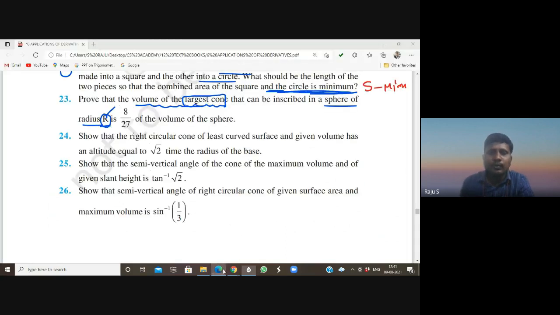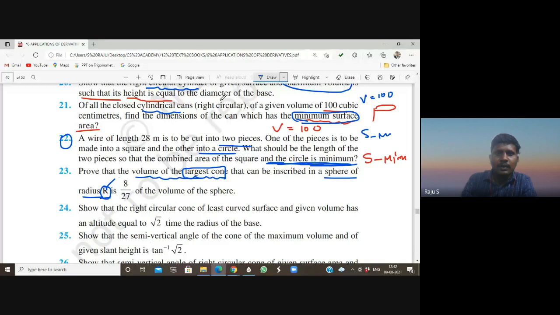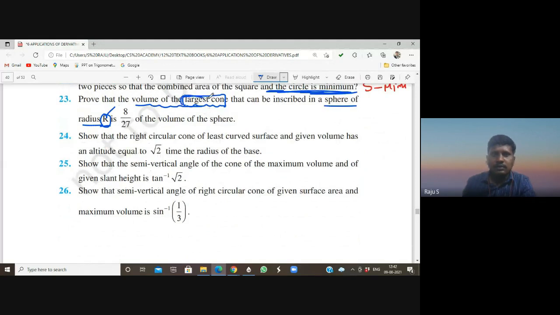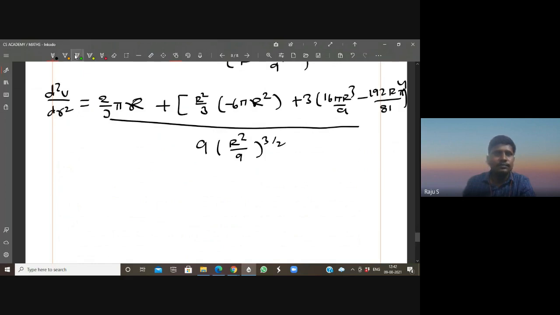So what shall we prove here, students? Minimum or maximum in the question? Yes, largest. Largest means maximum. Volume is largest means maximum, so what shall we prove about the second derivative? Is it lesser than 0 or greater than 0?